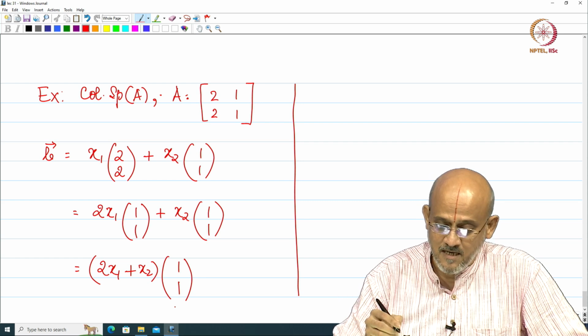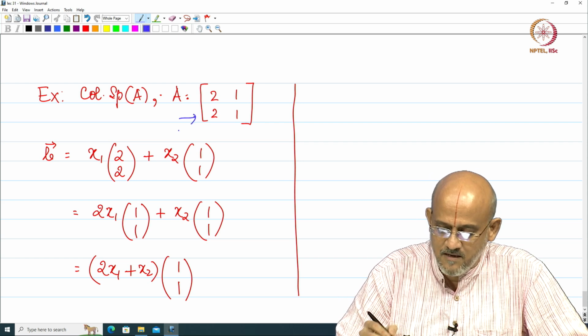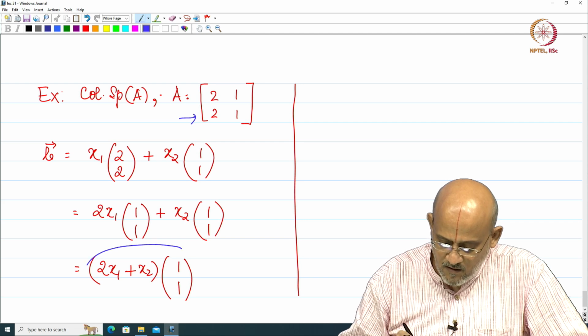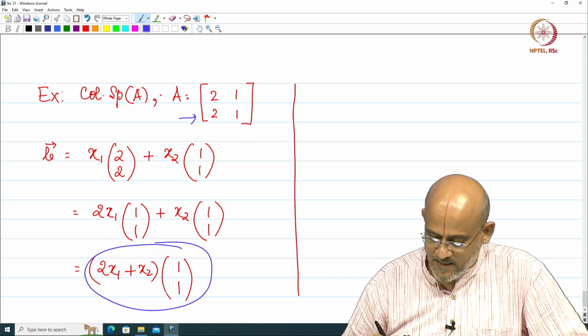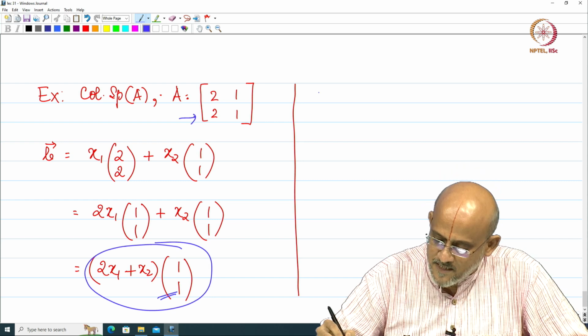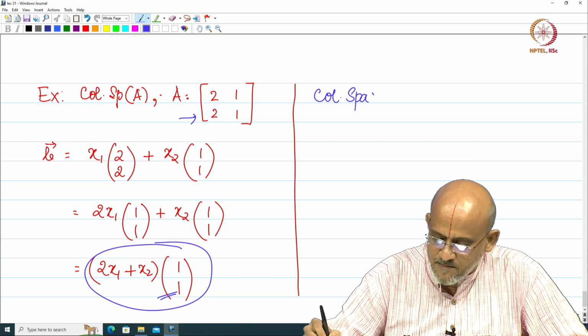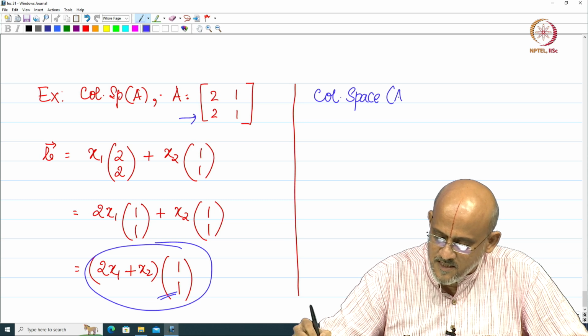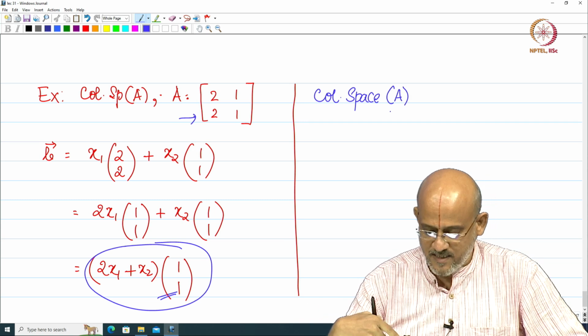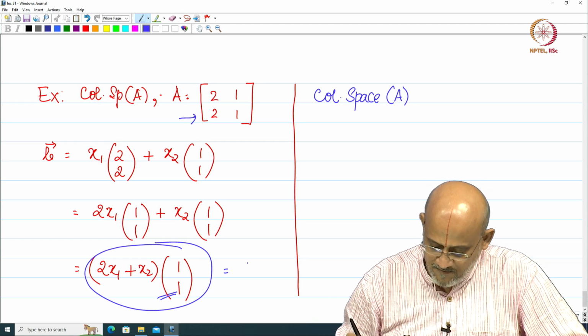That means the column space of this matrix A that we have here is basically the set of all those vectors which are multiples of this vector (1,1). So the column space of A in this case is the set of all those vectors where 2x1 plus x2 is yet another scalar, let us call that k, times (1,1).